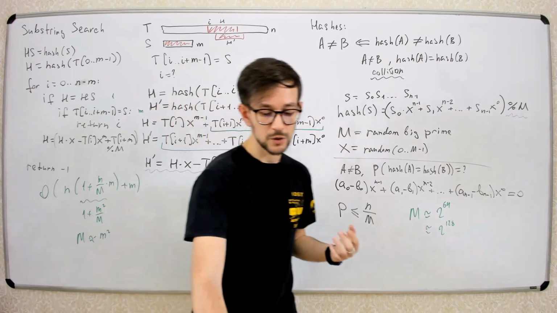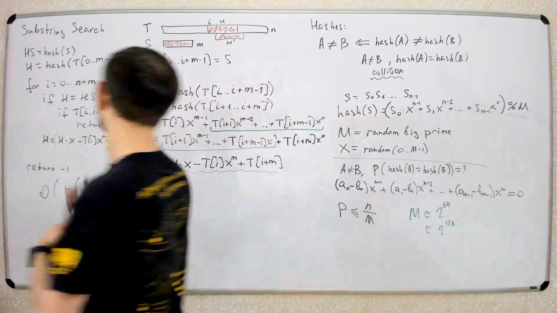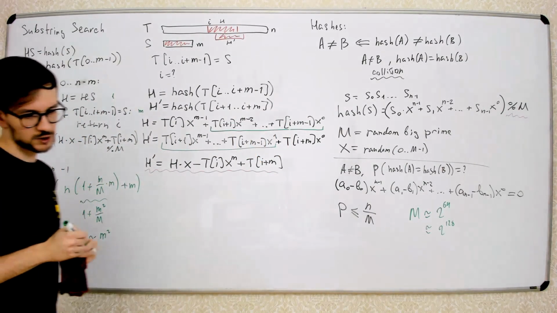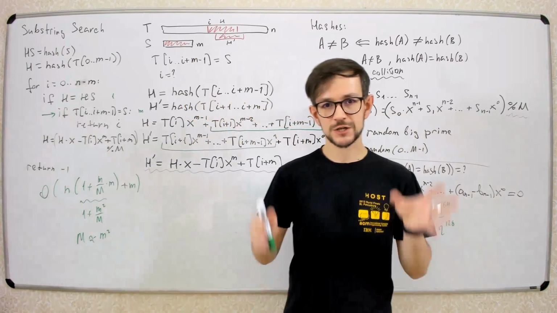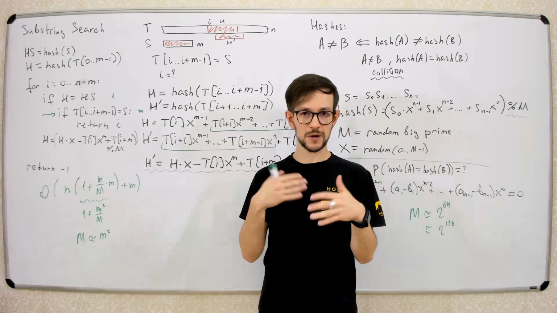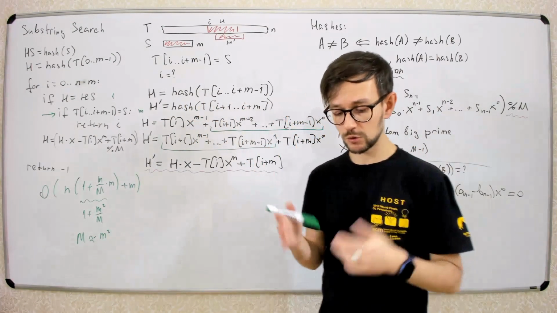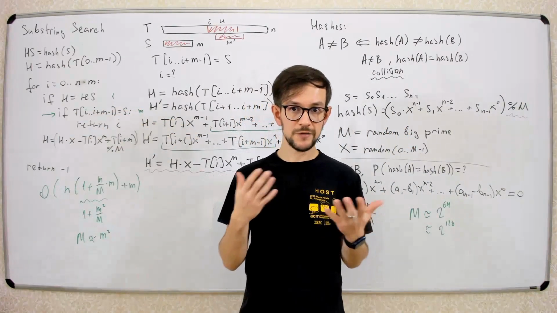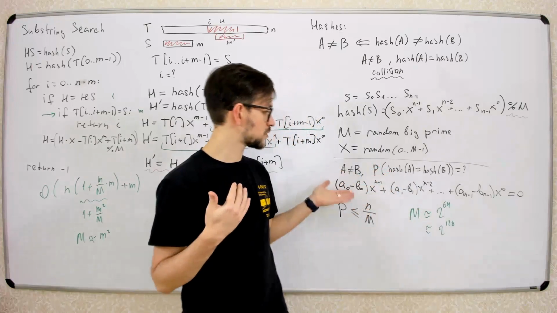So what I want to do is avoid this comparison. I want to compare just two hashes and not compare these two strings. Because if I compare two hashes and they are equal, I just believe that the two strings must be equal because the probability of collision is that small.